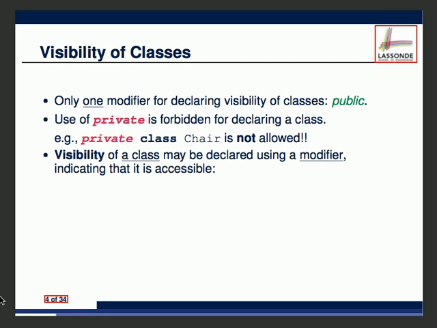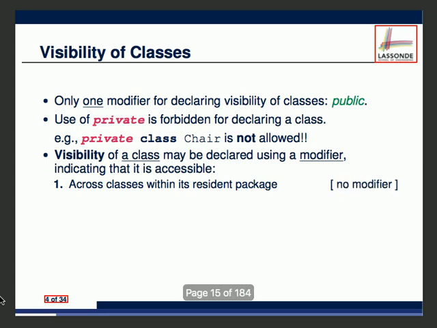Let's talk about concept. First of all, the first possibility is, if I declare a class with no modifier, for example, if I simply declare a class chair, this means I can only access chair if I'm in the same package as the chair, which is furniture. Okay, and I'll show you a diagram in just a moment.